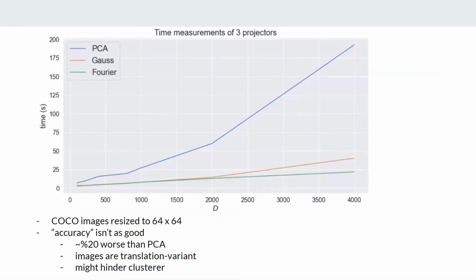The green one is the Fourier-based transformation, and it outperforms both of the other transformations in practically all of the new dimension sizes. For example, towards the end, PCA goes on for minutes and minutes, maybe 3 minutes, but the Fourier-based one is under 25 seconds, almost 8 times better timing.